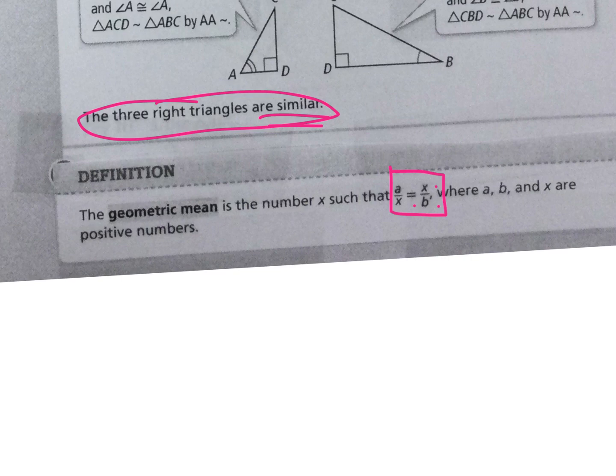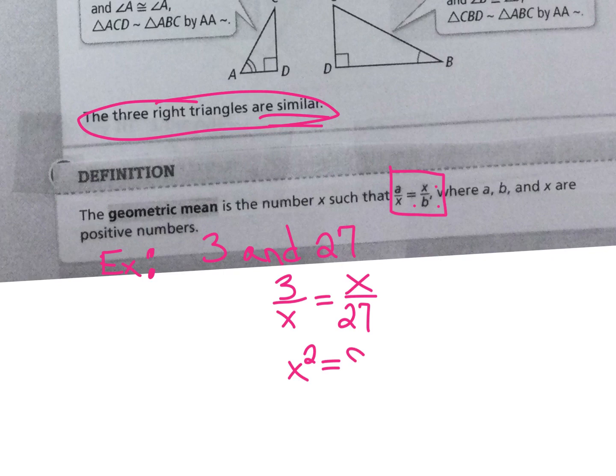So an example would be, find the geometric mean of 3 and 27. So I would say 3 is to X as X is to 27. So cross multiply, X squared equals 81.